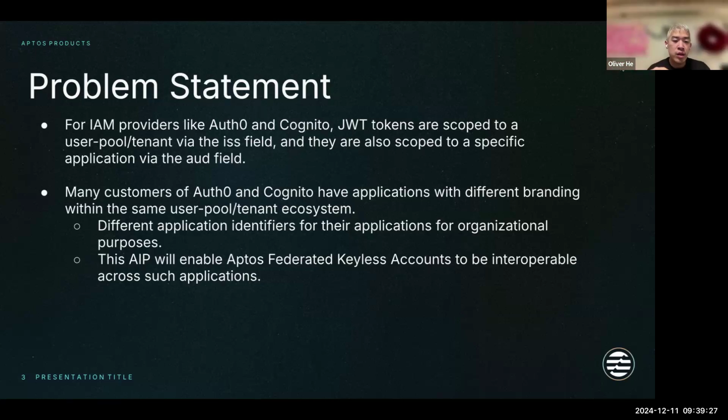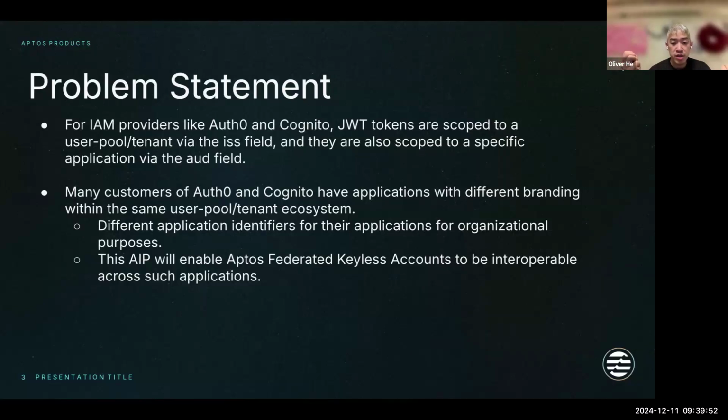But because of how Auth0 and Cognito are set up, to maintain these different brand identities they'll have different applications. Since the aud claim within the JWT will be different, there isn't an ability for these accounts to be interoperable, even though there is a notion of trust as they operate within the same user pool and tenant system.